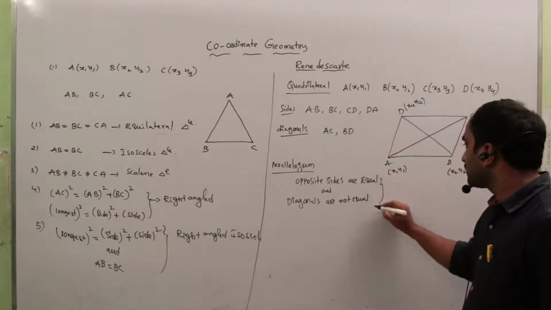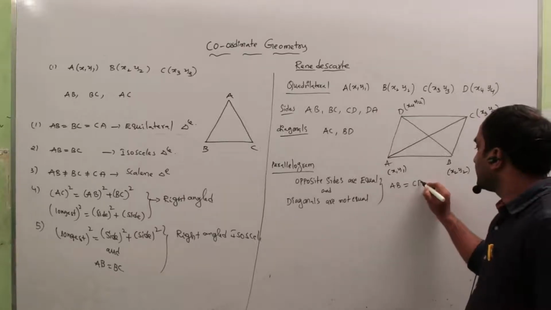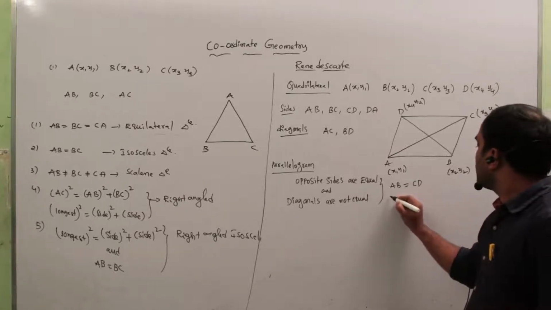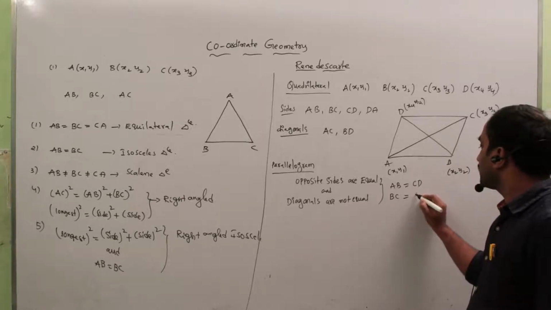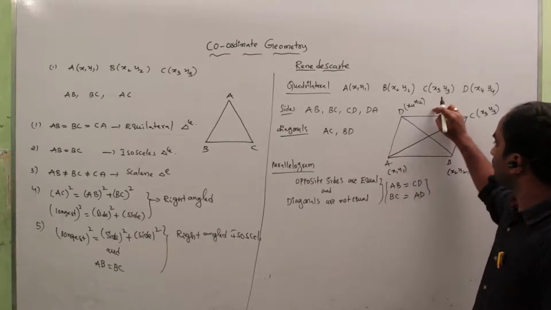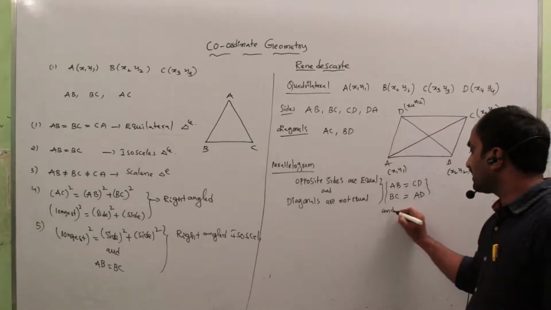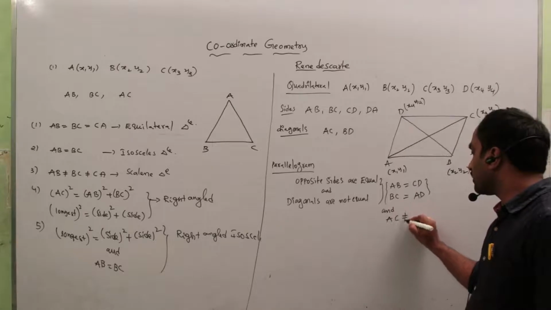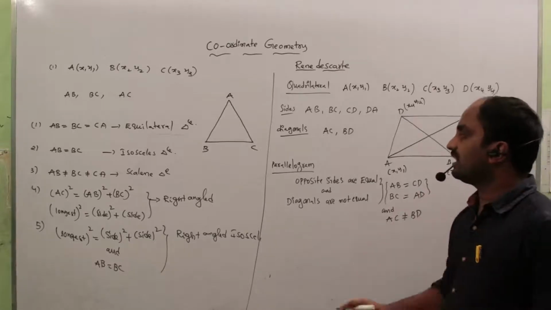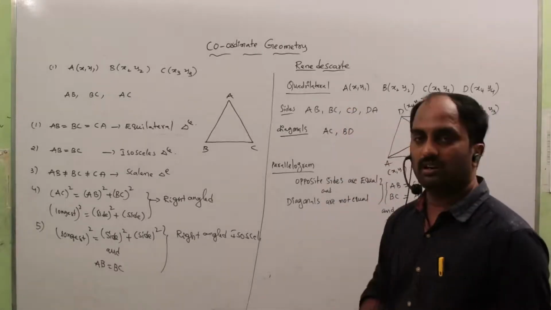That means AB is equal to CD, and BC is equal to AD. Opposite sides are equal. And diagonals, AC is not equal to BD. Then we conclude that the given quadrilateral is a parallelogram.